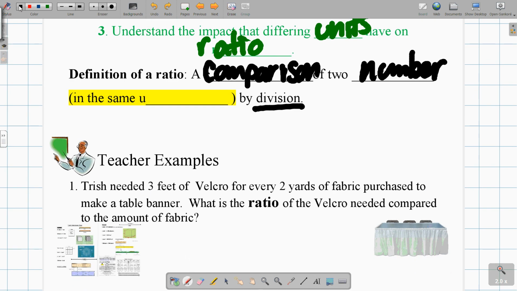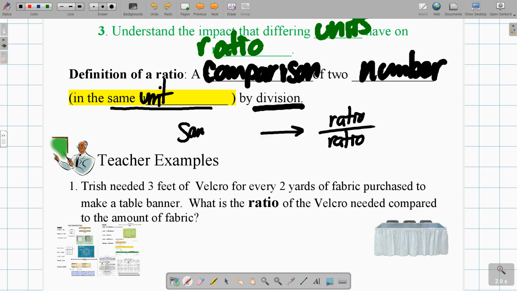It's a comparison of two numbers by division that are in the same unit. If they're not in the same unit, you can't get a ratio. So before you can get a ratio of any kind, you must first be in the same unit.